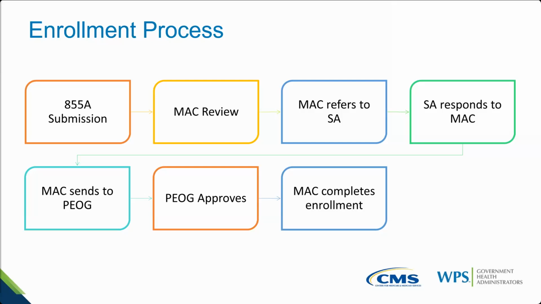Once the state agency has completed their process, and unfortunately there's not a specific timeline for that process, I have seen where that can be quite a lengthy process. It has a lot to do with what type of surveys, what has to go into the certification, and that absolutely varies by the type of provider.